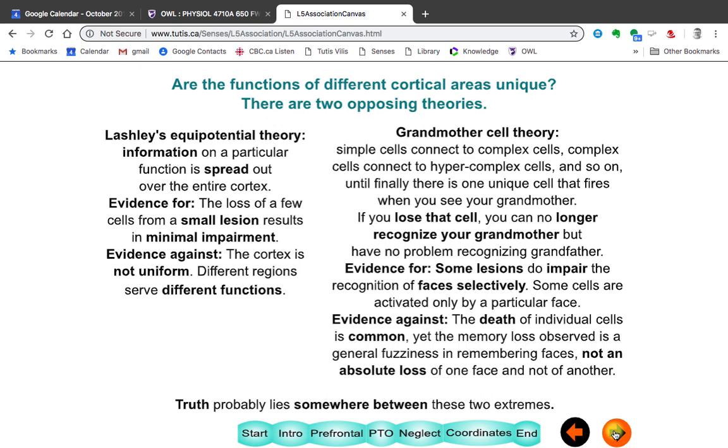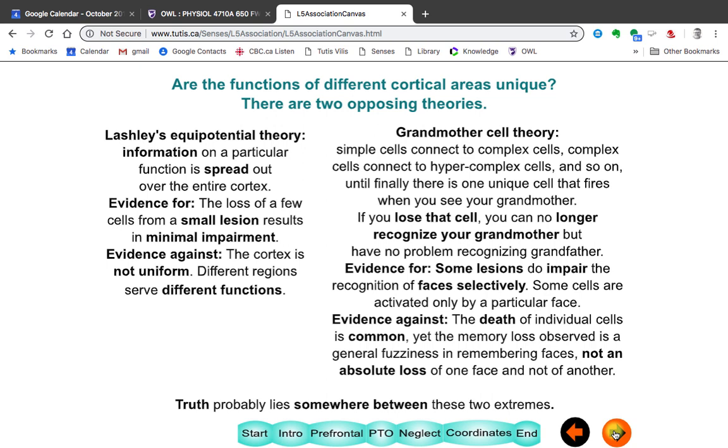He thought that information is spread out. So let's say my memory of your face is not located in just one area, but it's spread out over the whole cortex.